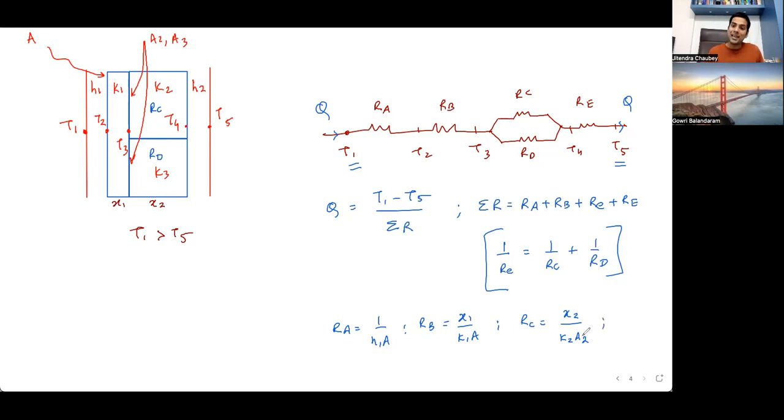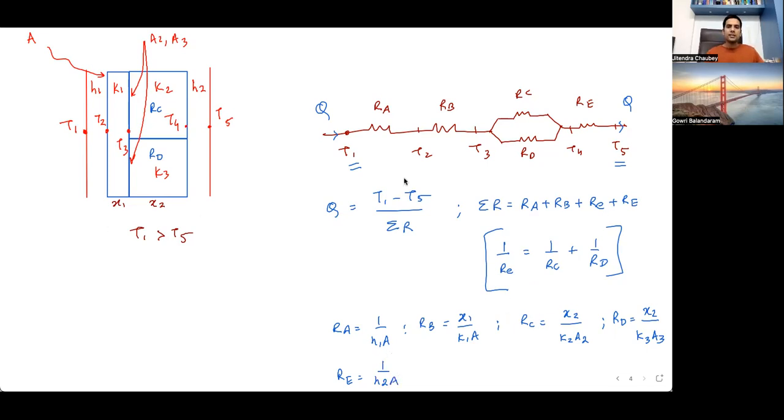And not just K, even they also have different A's. So RD will be X2 over K3 A3. Perfect. And RE? RE will be 1 upon h2 A. Perfect. So these are all the resistances.